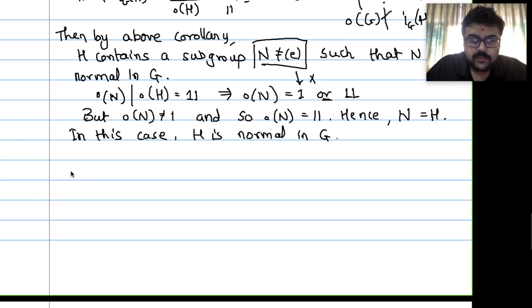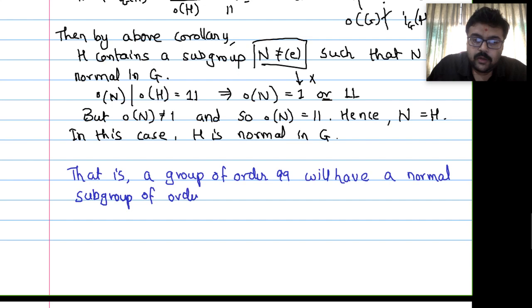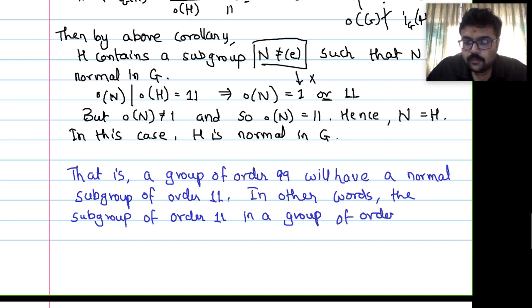So that means a group of order 99 will have a normal subgroup of order 11, or in other words, the subgroup of order 11 in a group of order 99 is always normal.